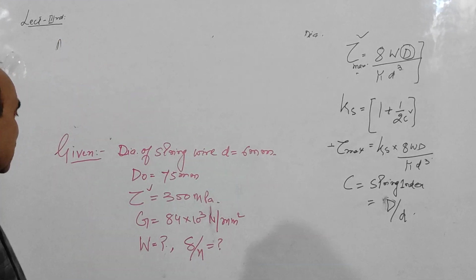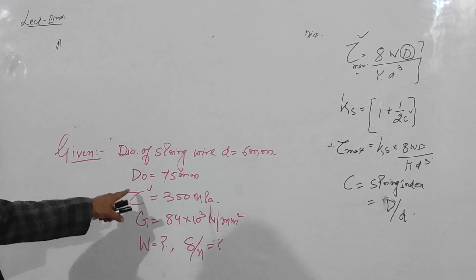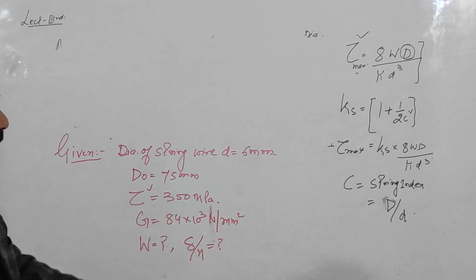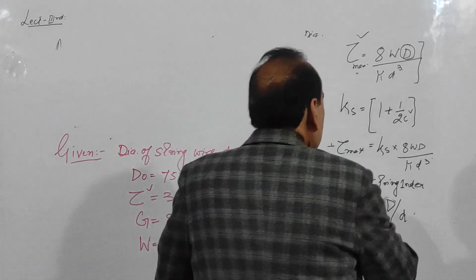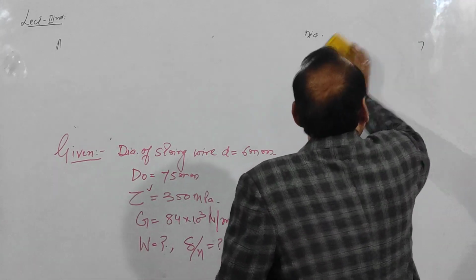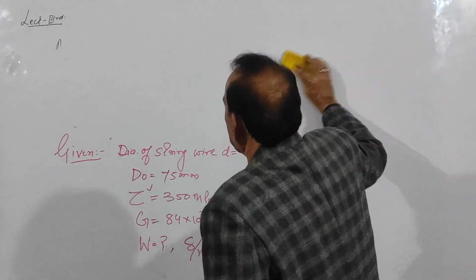You just write down these things. I will write down the given data to the side. So I think you have noted down here. When given is this, let me write it so that I will get some space to write.